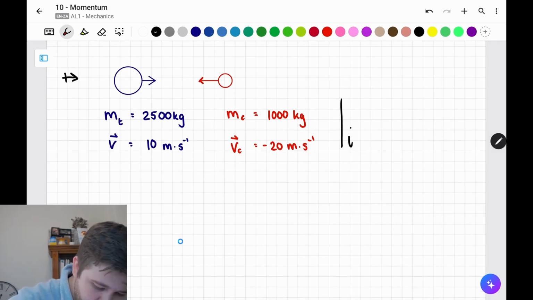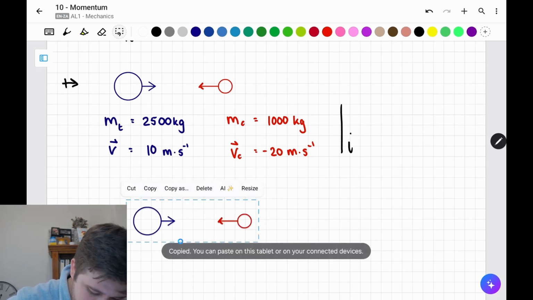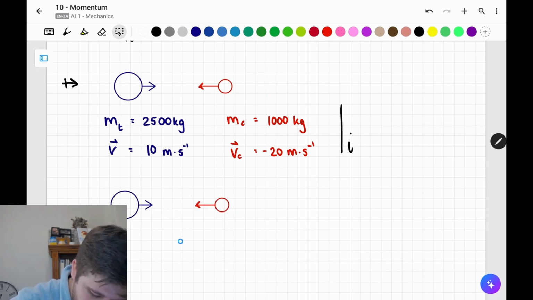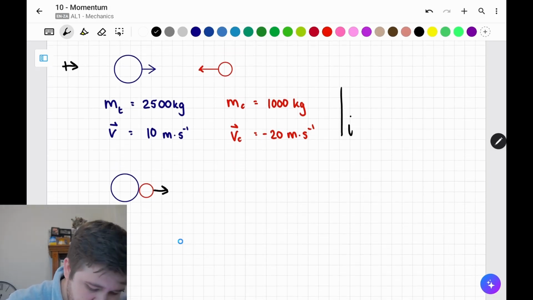Now, they will collide. In that case, we're not exactly sure what will happen when they do collide, but my intuition tells me that both of these objects will be traveling to the right. So, let's have a look at the final case.